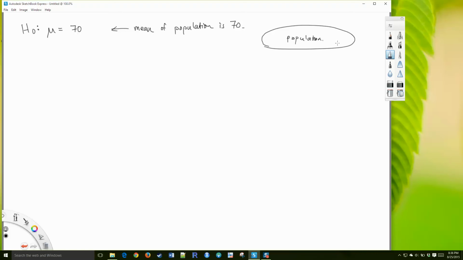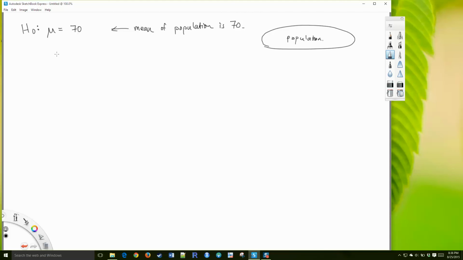Probably not, right? It might be very, very, very close to 70, but it's probably not going to be exactly 70. But notice that's what the null hypothesis is saying. It's saying that the mean is 70, and probably it's ever so slightly off, but maybe from a practical standpoint that doesn't matter.